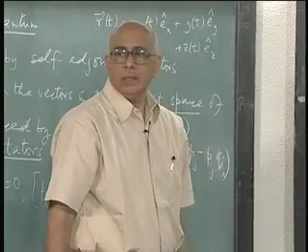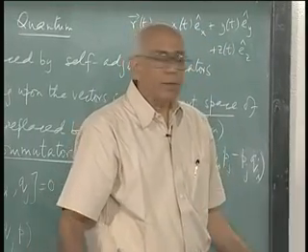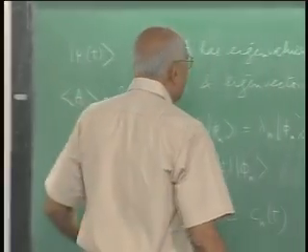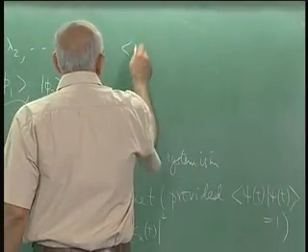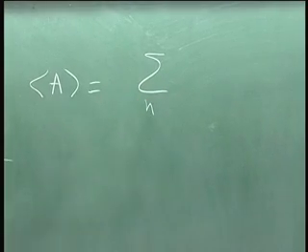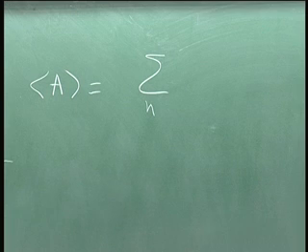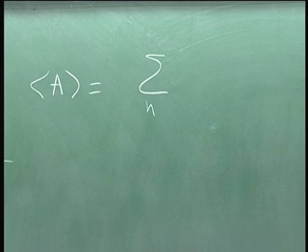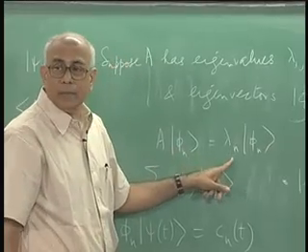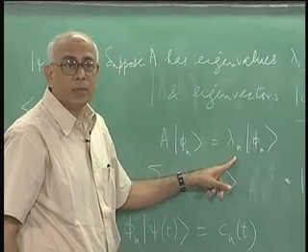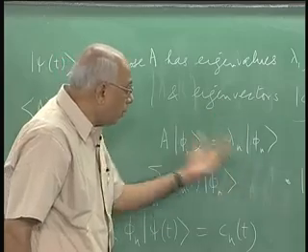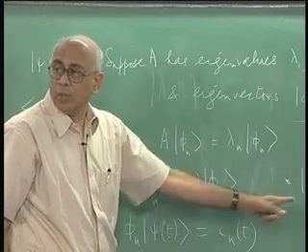If that is the case, we can write a formula down for the average immediately. This immediately implies that A average is equal to the weighted average summed over n of all the eigenvalues of A together with the corresponding probability. When it is in the state phi n, the value of A is lambda n, you are guaranteed this is the value it would produce, and now you know the probability with which it is in the state phi n, it is mod Cn squared.